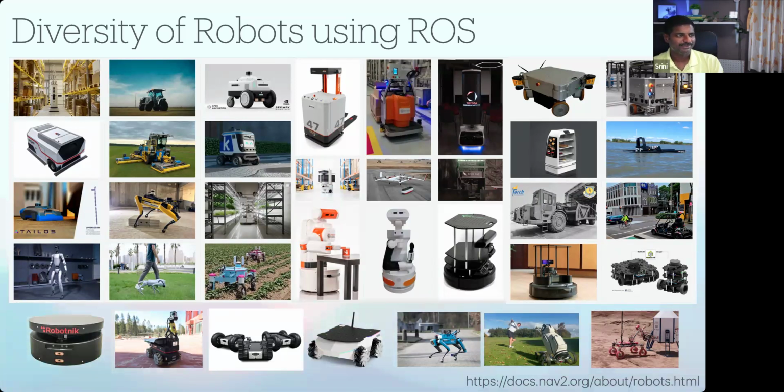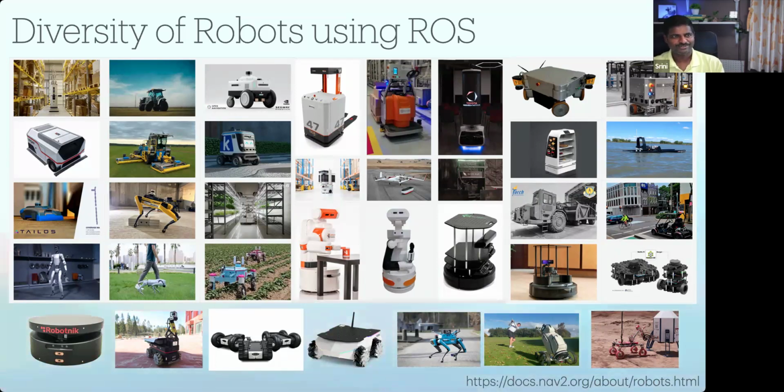This page lists the robots that ROS is installed on, and this is from the ROS website. If the robot has ROS implemented, they just go to the website and say that okay, we implemented on this robot. So there are a lot more robots that have ROS which are not even on this list.